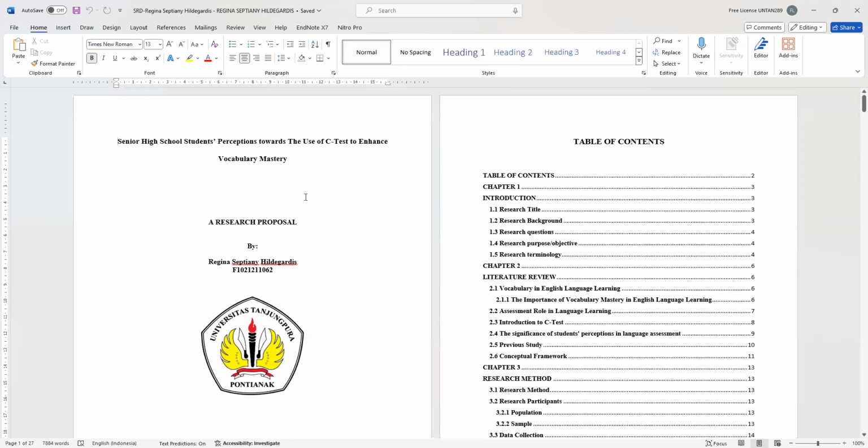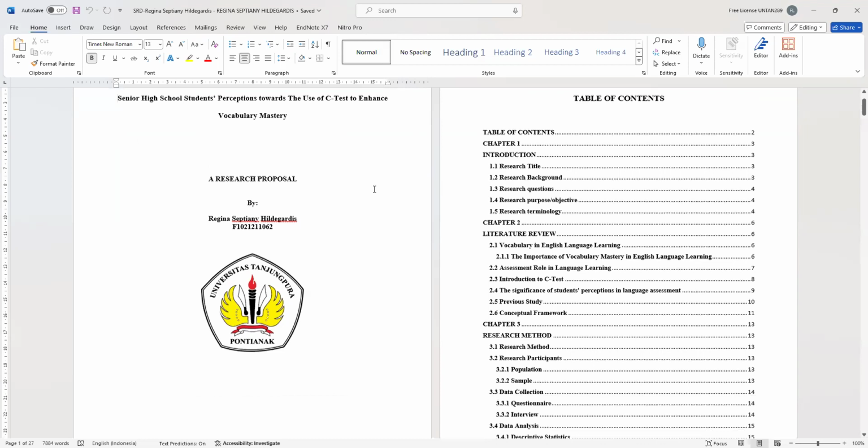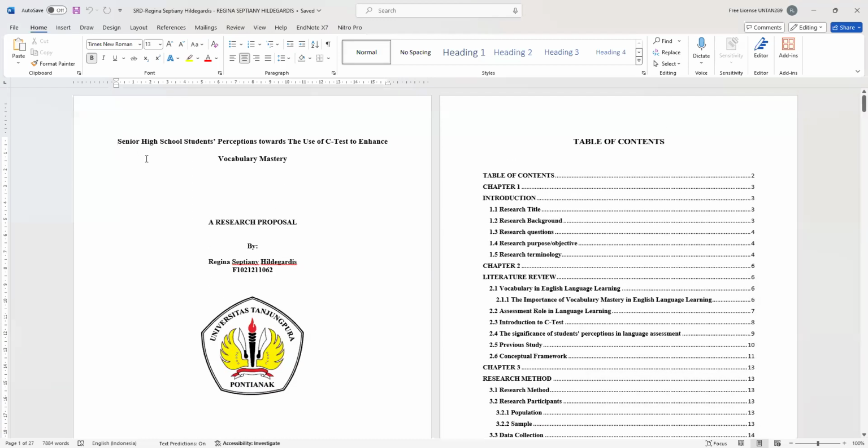Okay, the use of C-test. So from what aspect? From the title, the title is fine. The only problem, perhaps, if it is a problem.